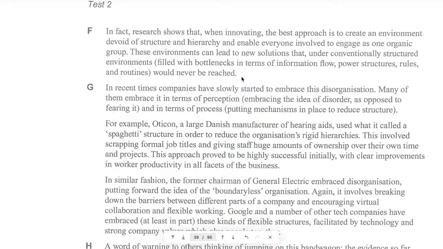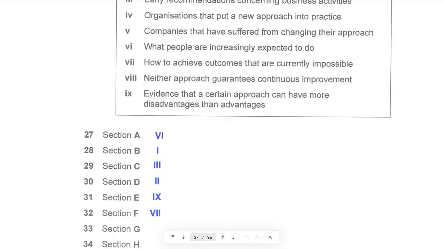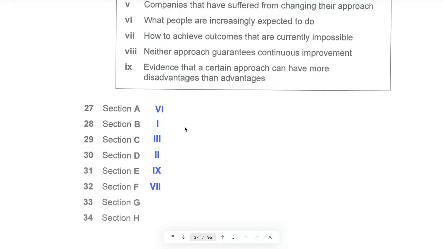Alright, you have just read the whole section. Can you please explain? How to achieve outcomes that are currently impossible. Now, tell me, what are the outcomes that are currently impossible?